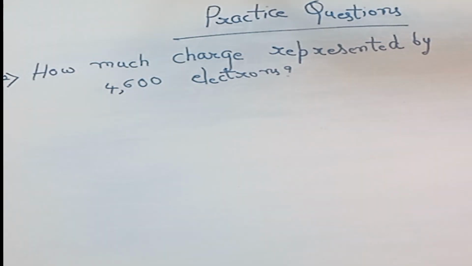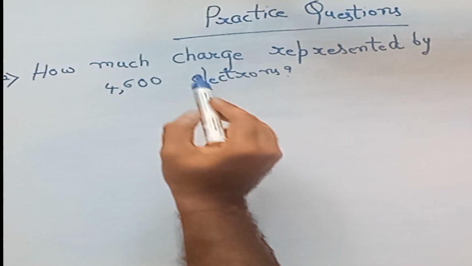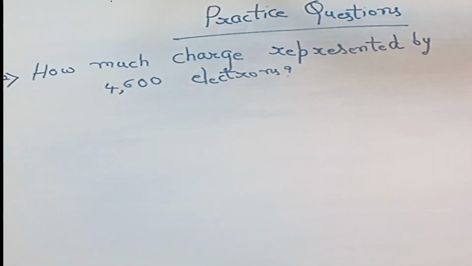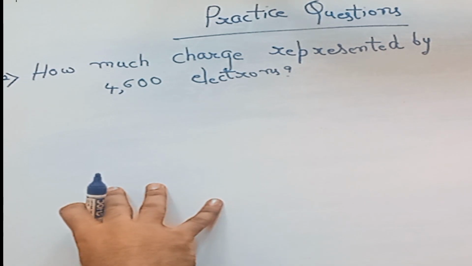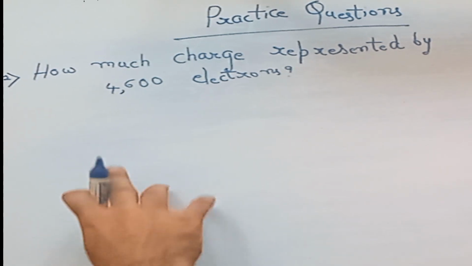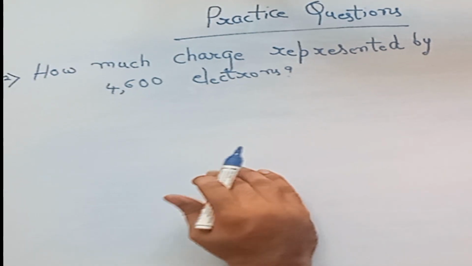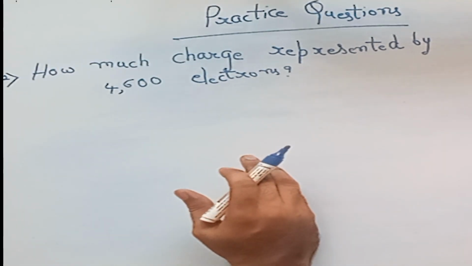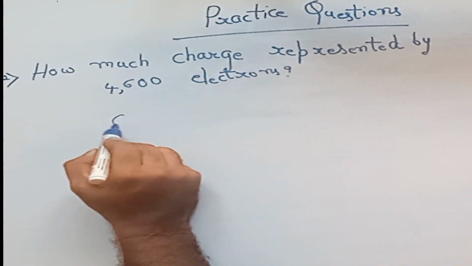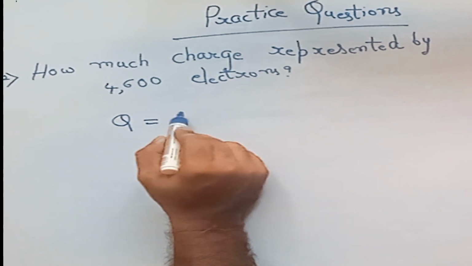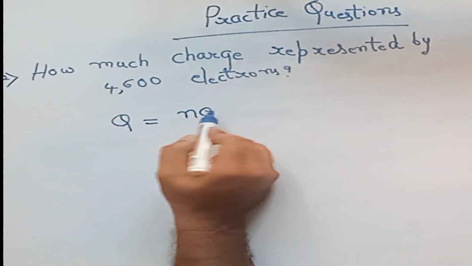In one question, they have asked how much charge is represented by 4,600 electrons. Charge is given by the number of electrons multiplied by the charge on one electron. That is given by Q is equal to N e.